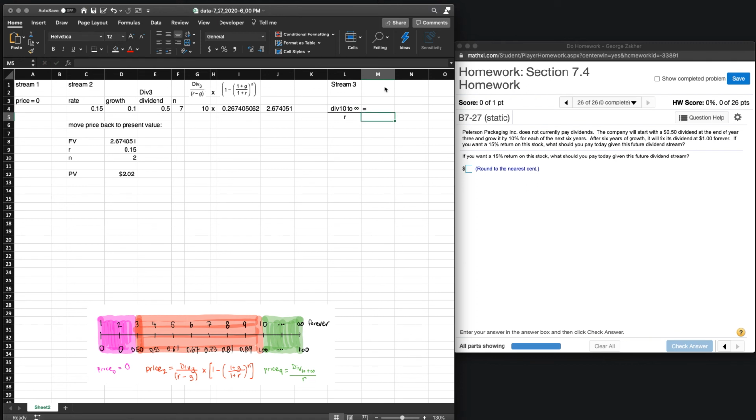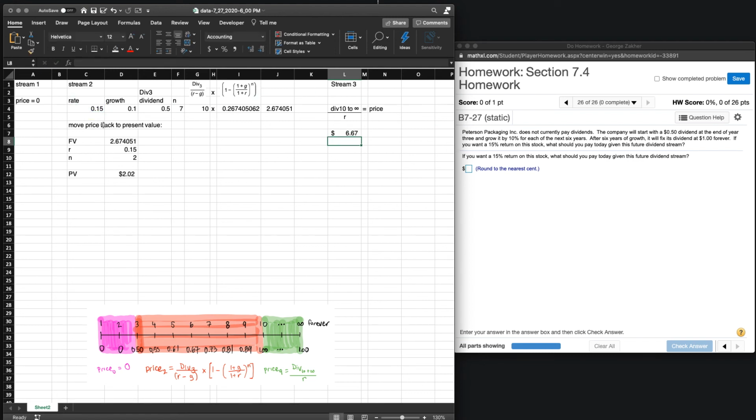Well, we know our dividend is $1 forever, and we're dividing it by our r. So that's $6.67.